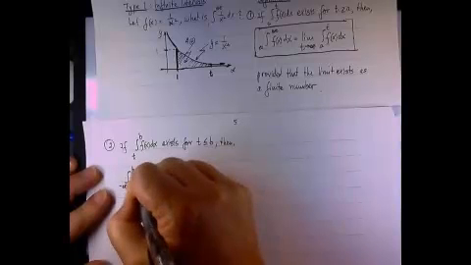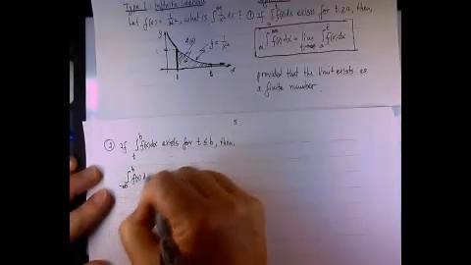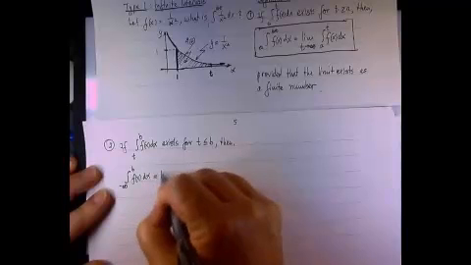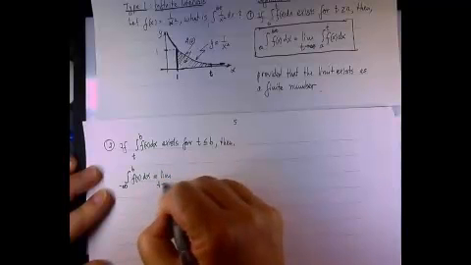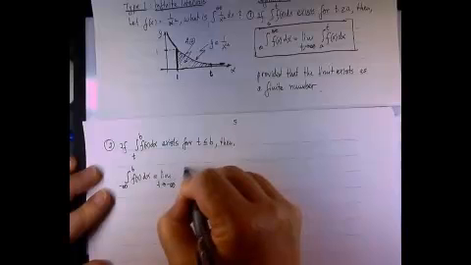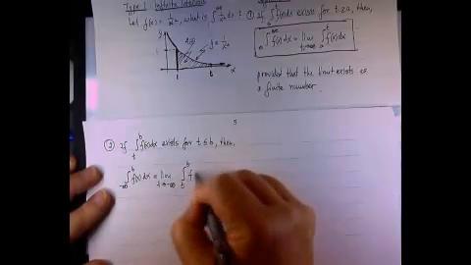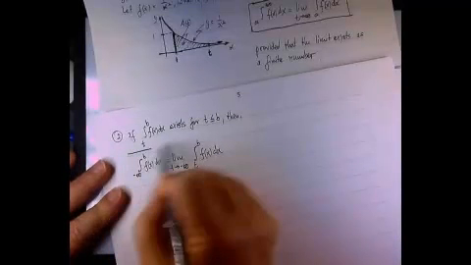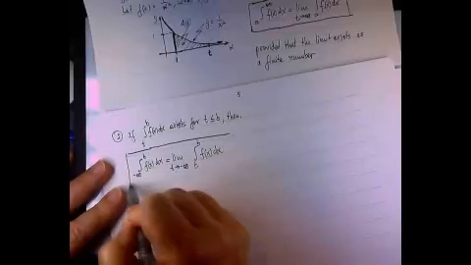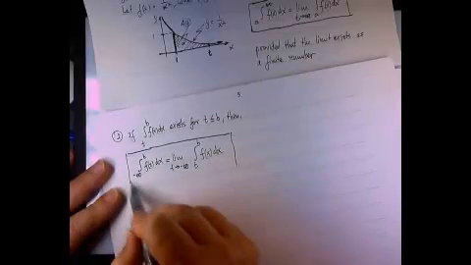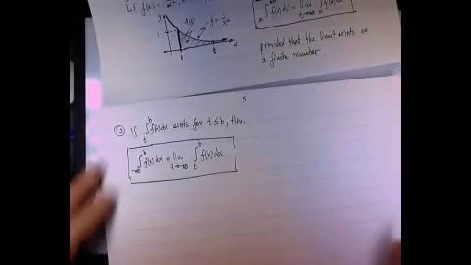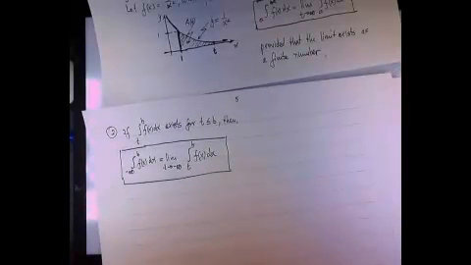Then we can say the following. The integral from negative infinity to b of f of x dx is going to be equal to the limit as t goes to negative infinity of the integral from t to b of f of x dx.